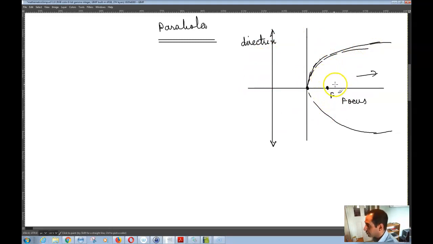So if you have your focus over here, this point, which has some definition, and a line called the directrix over here, which has some definition as well, then if you take this as the origin (0, 0), this point is at (a, 0), and the equation of this line is x equals negative a.